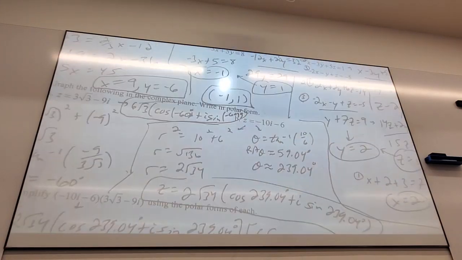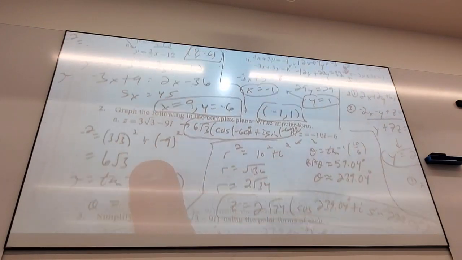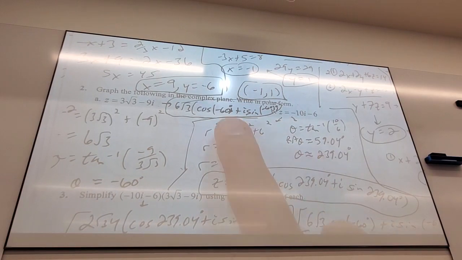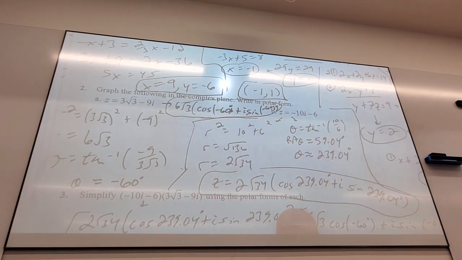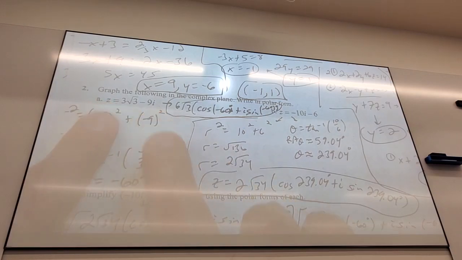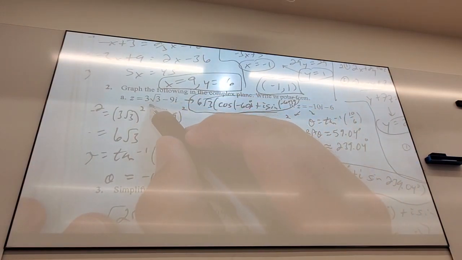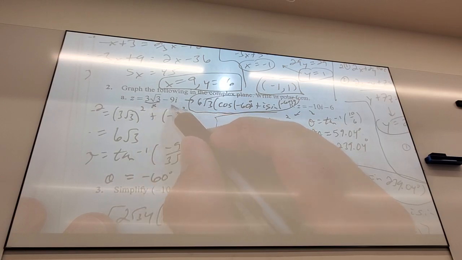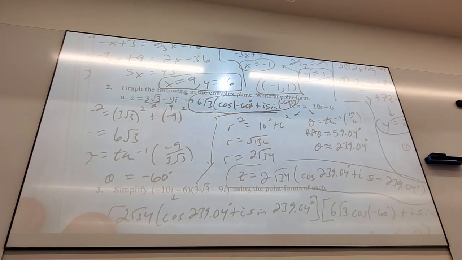I think the consensus is this one is definitely freaky because we didn't do a ton with it, but there's not a ton to do with this. Just remind yourself, the real part is basically x, the imaginary part is basically y.